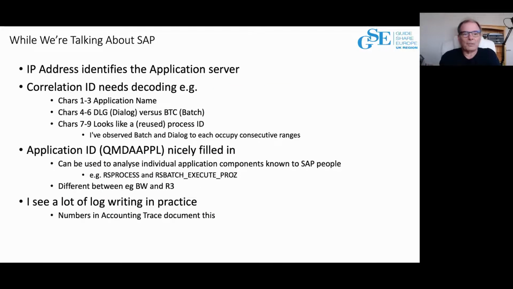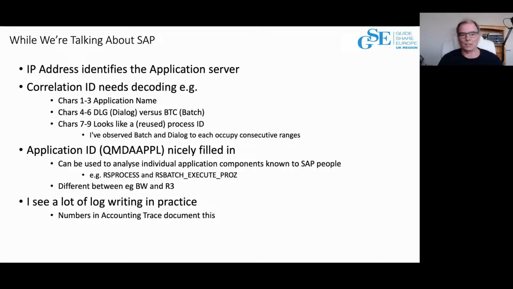Now, if I come back to SAP a second, I actually just wrote a blog post about this, to be honest. So firstly, if you see a client coming in from an SAP application server, the IP address is going to be in there, and that's how you actually identify the application server. You'll get a correlation ID that's 9 characters long.